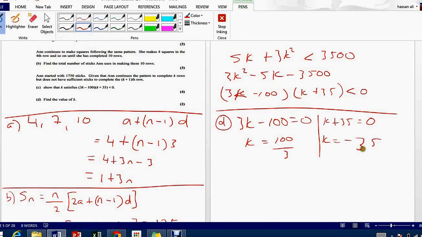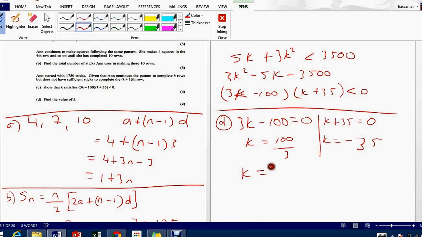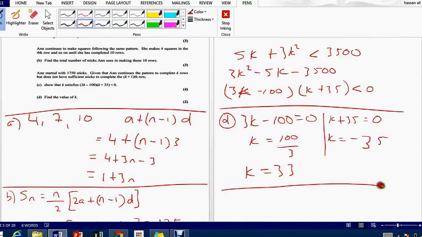Now we can't have minus 35 rows, so therefore your answer will be, because 100 divided by 3 is 33.3, we'll just say k is equal to 33. That'll be your answer there.